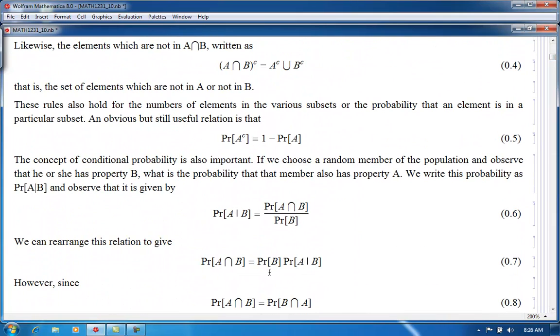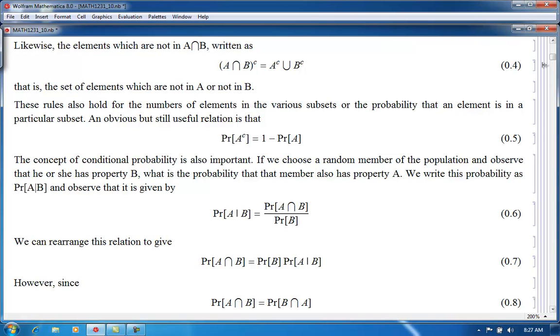If we take the definition of conditional probability, the probability of A given B, then that's the probability of A and B divided by the probability of B. And we can rearrange that to give us this.